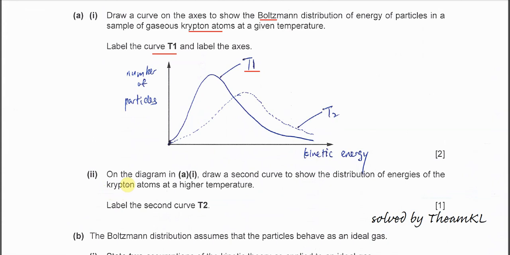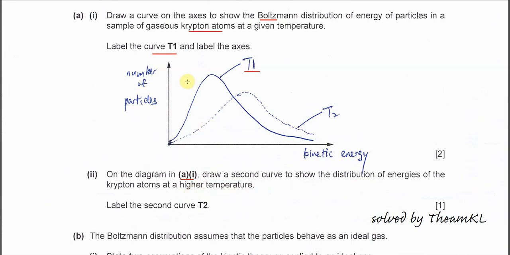Okay, on the same diagram, A part 1, draw a second curve to show the distribution of energy of the Krypton at higher temperature. Higher temperature means all the particles will absorb the energy and move faster.